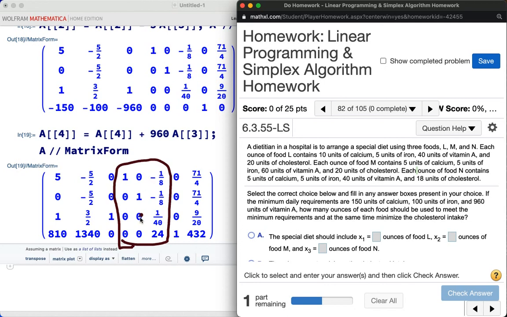And we have to look in the last row of those columns. So the value for x1 is going to be 0. The value for x2 is going to be 0. The value for x3 is going to be 24.